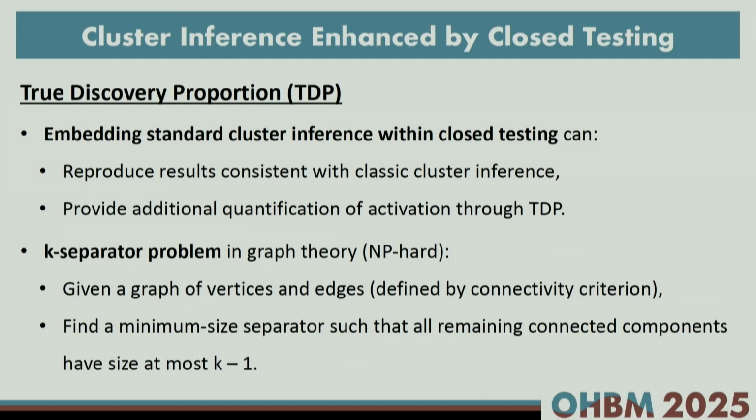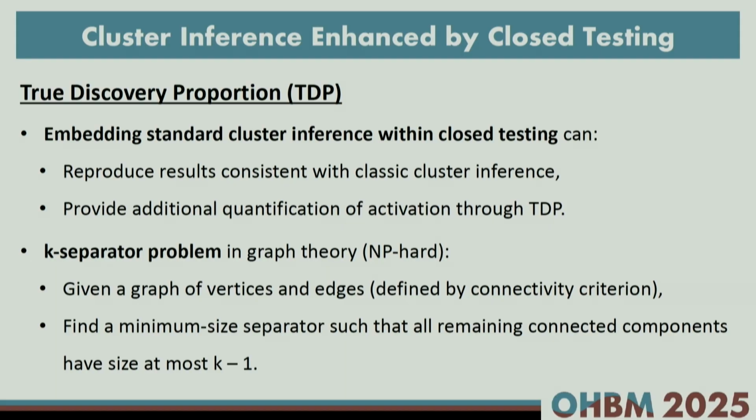Our approach is based upon this standard cluster inference. We embed the standard cluster inference within the closed testing framework. First of all, we will be able to reproduce the same results as we got from the standard cluster inference. The second step is that we will be able to provide more information about the activation.